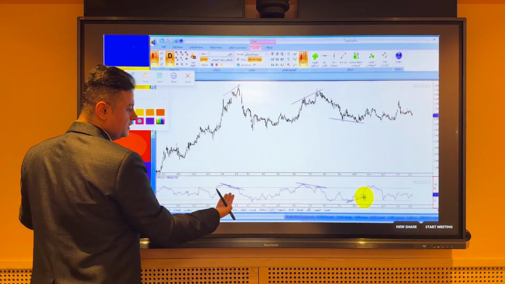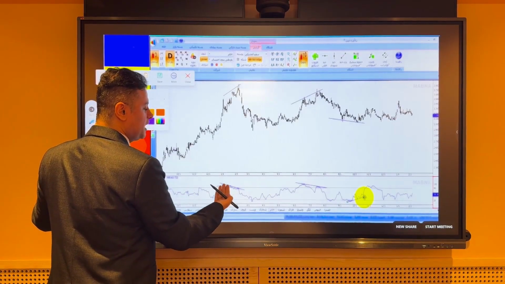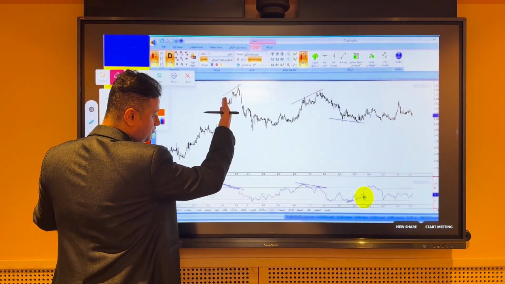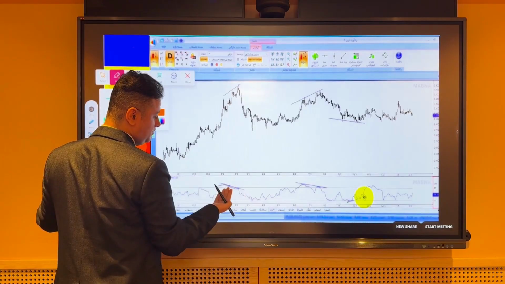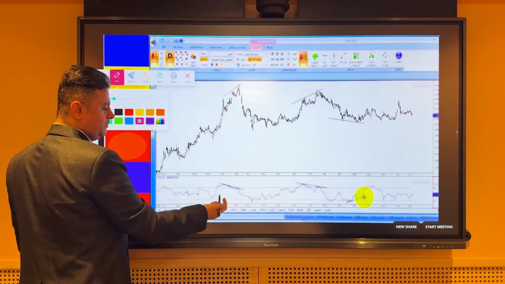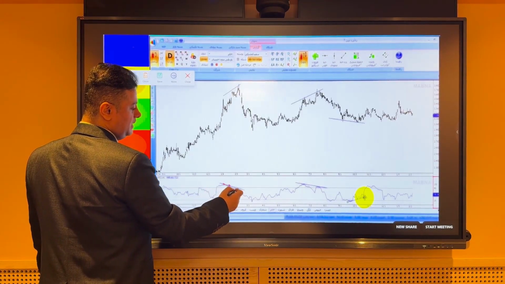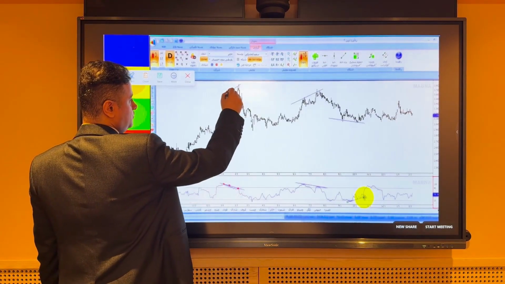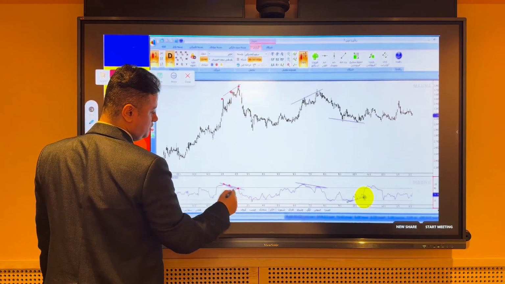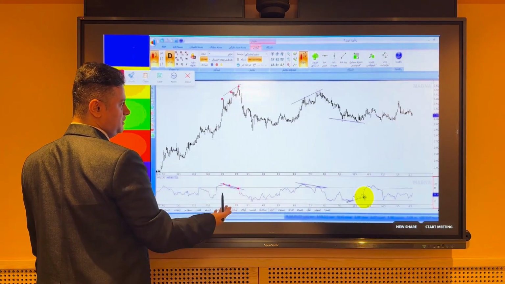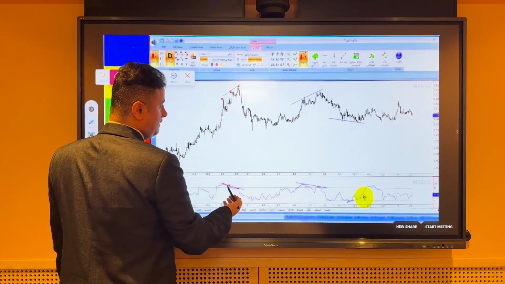And the peaks we see in the MFI, in areas corresponding to the peaks of our stock price chart, form a line with a negative slope, from the phenomenon of negative divergence.